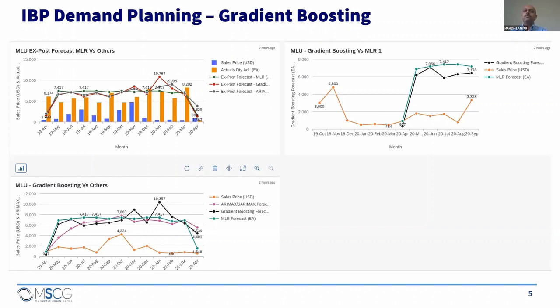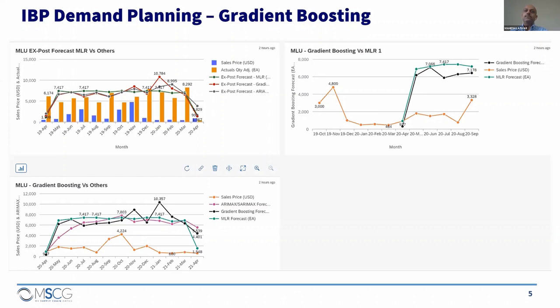Here you can see on the top chart the sales price, which is the input, and the actual quantity adjustment, which is your historical data. And in this particular case, it will try to read that your sales price and actual sales have some correlation. And once it finds the pattern, it will apply it to the future forecast.